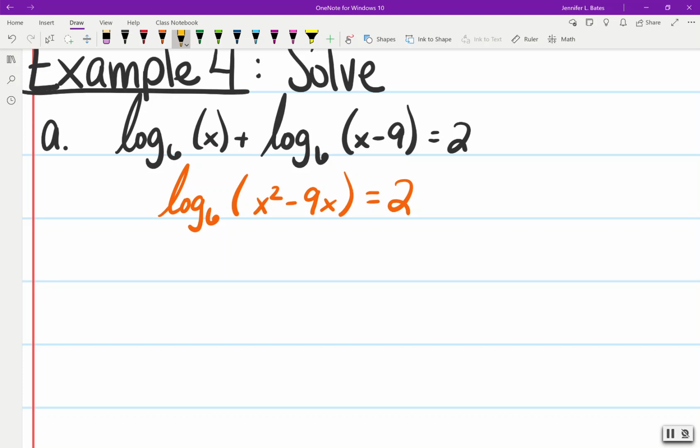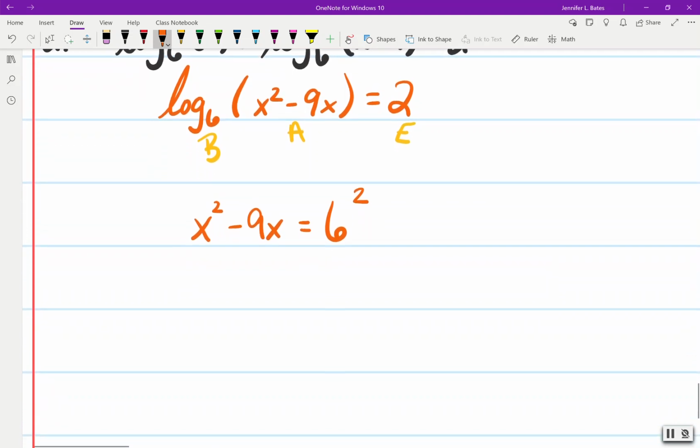So I'm thinking in my head, if I want to change forms, I know that logs are BAE, so I'm going to label BAE. In exponential form, I have a base 6 raised to an exponent 2 equal to some answer, x squared minus 9x.